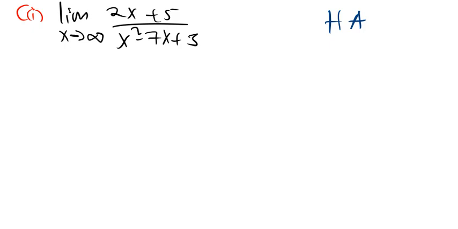Why is it 0? Okay, forget about that. I'm asking about the horizontal asymptote. What is bottom heavy?